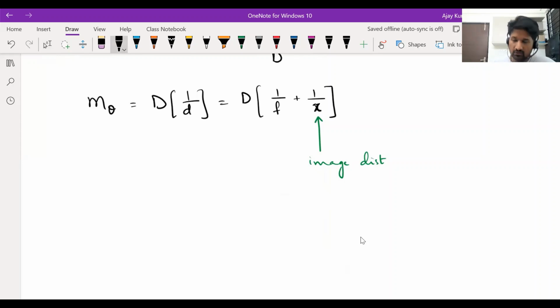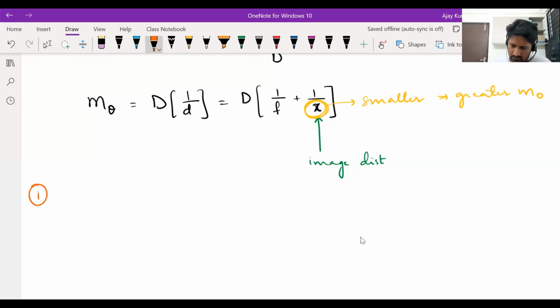Okay. So you can see that in the magnification formula, image distance is in the denominator. So smaller this value, greater the magnification. If you make the image form at the closest possible distance at which you can see it clearly, you will get the best possible magnification.